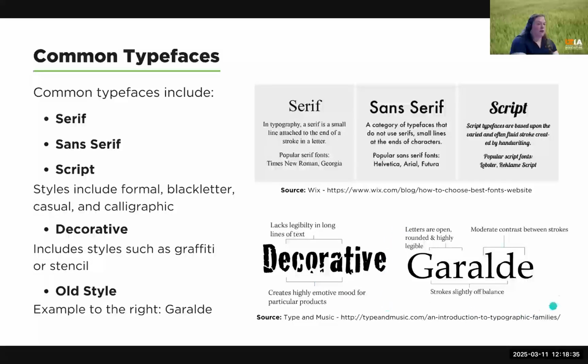Old style fonts would be like this Giraldi font here. So any kind of classic or maybe even vintage, like medieval type fonts, those would fall into old style as well.